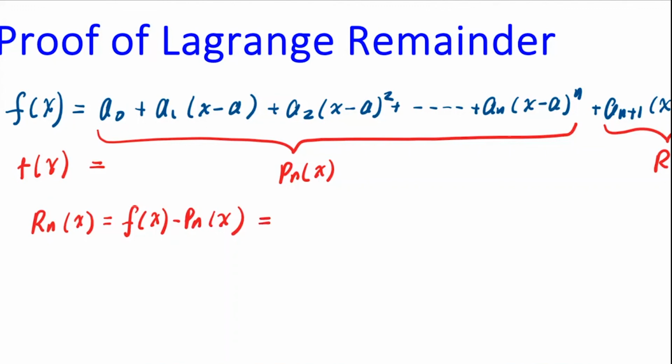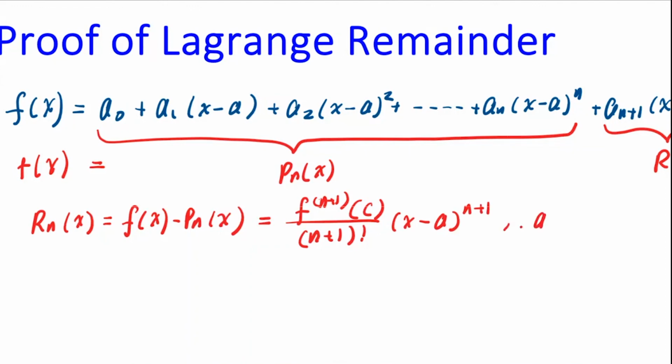And what it states is that the whole Lagrange error can be written as the n plus 1 derivative of f evaluated at some c between your center a and x, over n plus 1 factorial, times x minus a to the n plus 1 power, for some c between a and x. Good. This is the statement of Lagrange error.